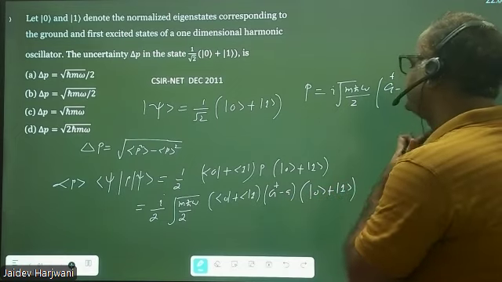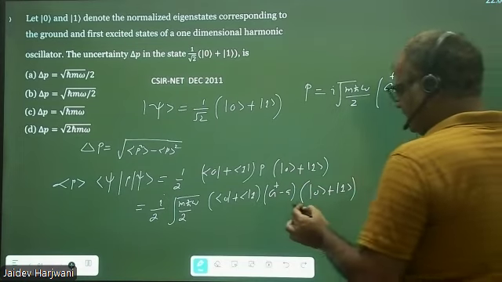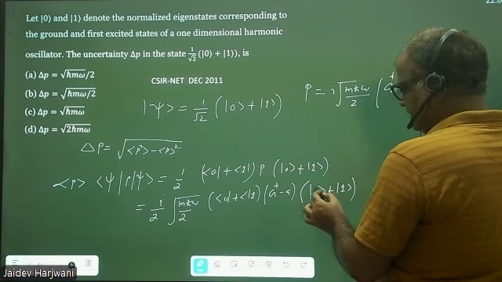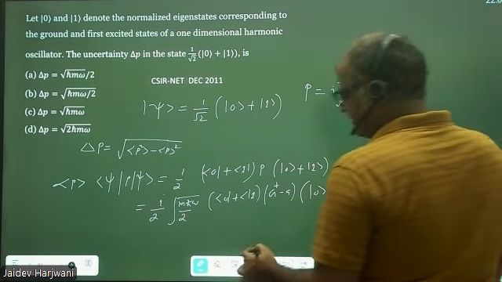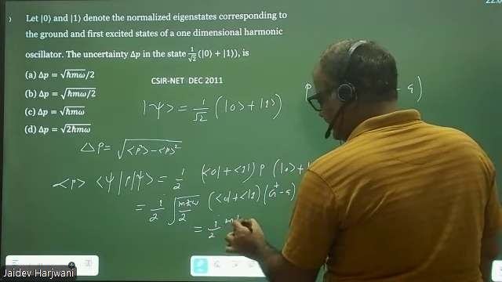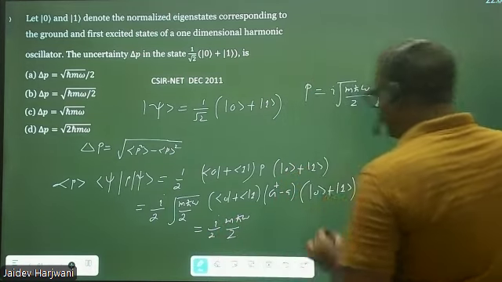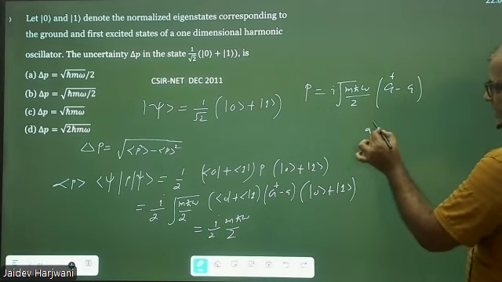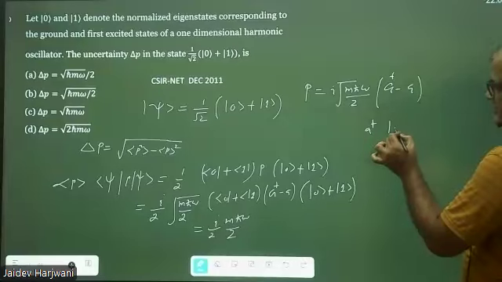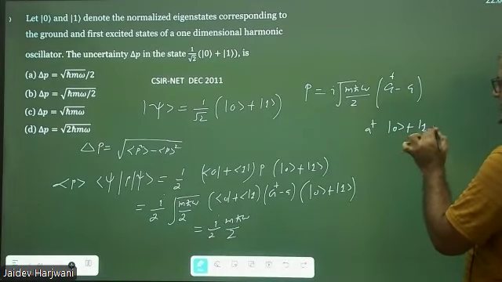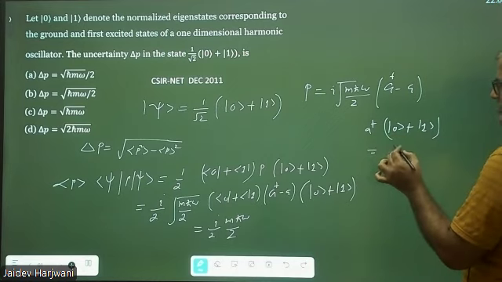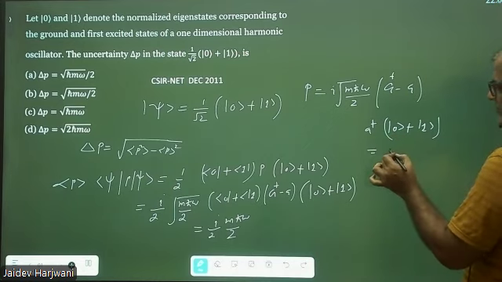Now when a dagger operates here, let us check what is coming. So this will be i by root 2 times root of m h cut omega by 2. Let us operate a dagger on 0 plus 1. What will come? 0 becomes 1 with root 1.